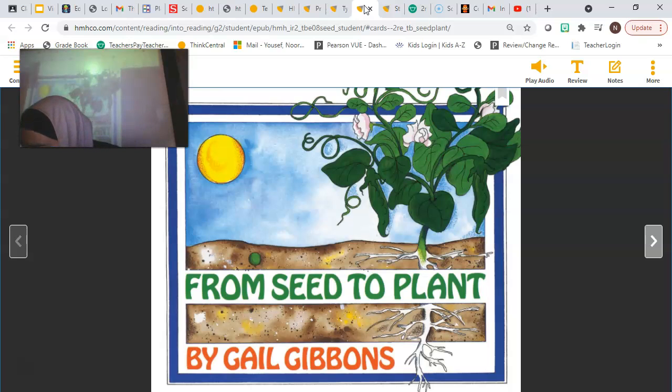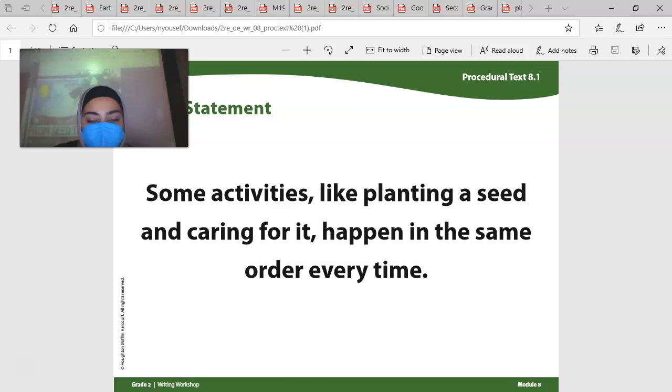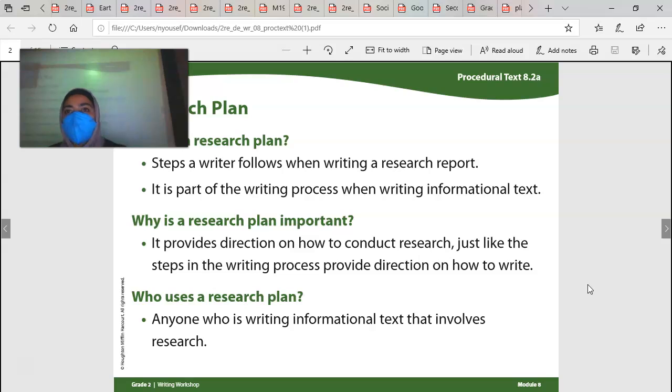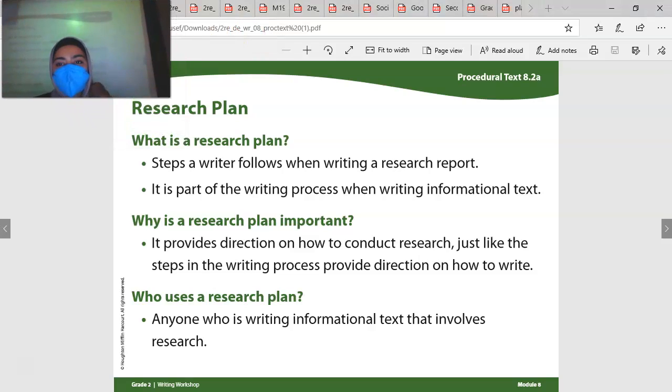Anyway, let's keep going. Let's go ahead and talk about the focus statement. Some activities like planting a seed and caring for it, they all happen in the same order every time. We talked about that yesterday. It happens in chronological order: first, next, then, and last. So what we're going to focus on today is a research plan.